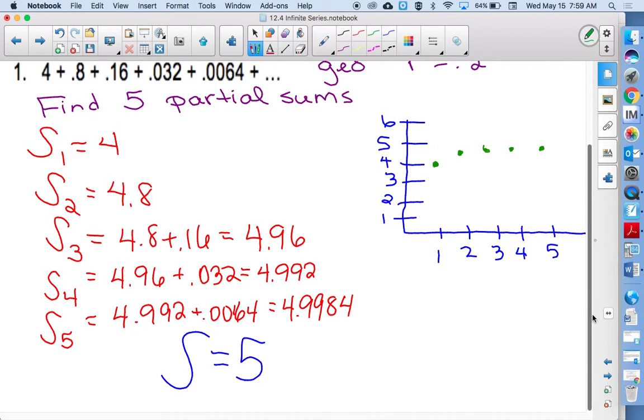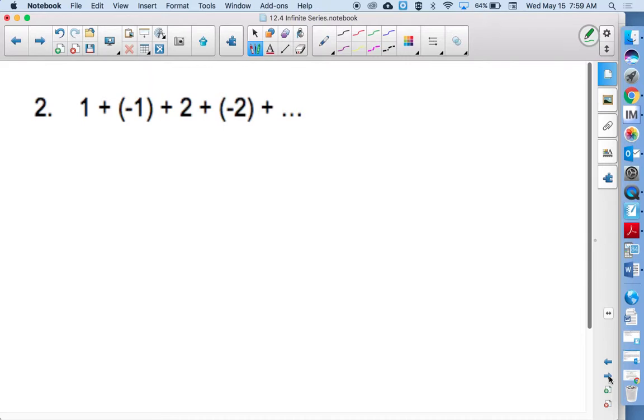So see if you can do the same thing for the next example. We have 1, -1, 2, -2, probably then 3, -3. You want to find those first 5 partial sums.